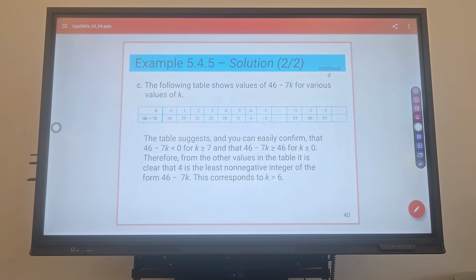k equals 6. So, values of 46 minus 7k for various values of k.